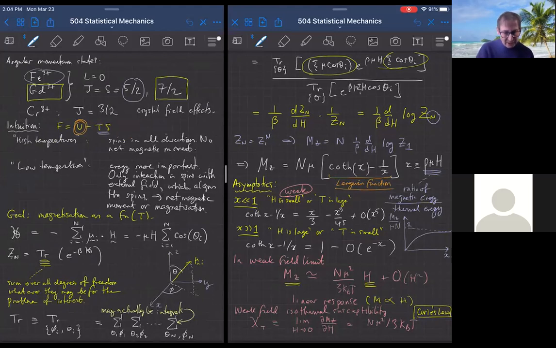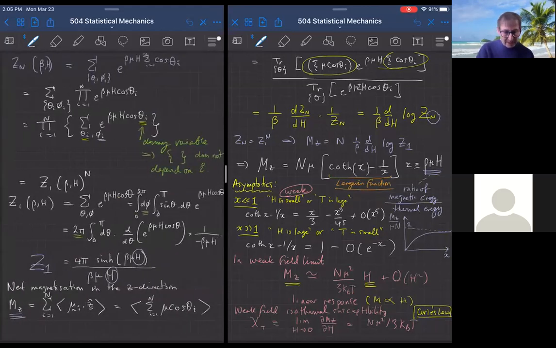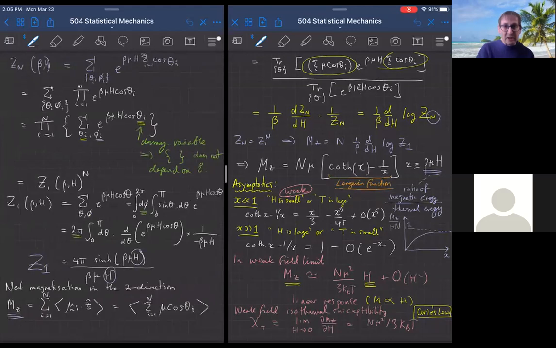What we did last time was we introduced this notion of dilute salts, and we talked about what their angular momentum states were. Then we made a simple model of a paramagnet as a bunch of dipoles interacting with an external magnetic field. Then we worked out how to do the statistical mechanics and compute the partition function.